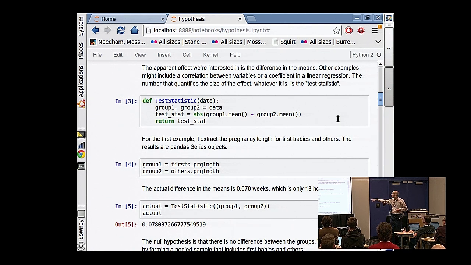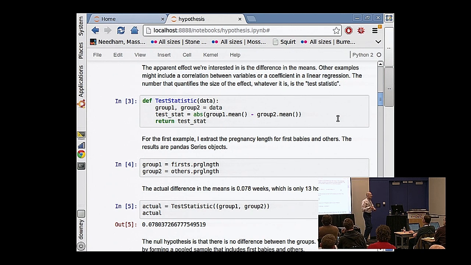So when I run test statistic the first time, I give it the actual group 1 and the actual group 2, and I get that difference, which is 0.078 weeks, which is 13 hours, ballpark. So you can think of this as being the mark that you have to beat.